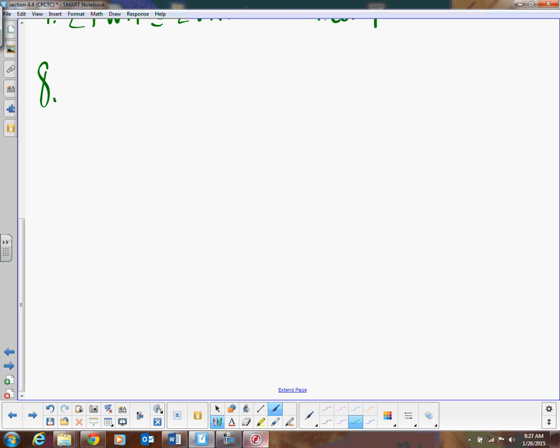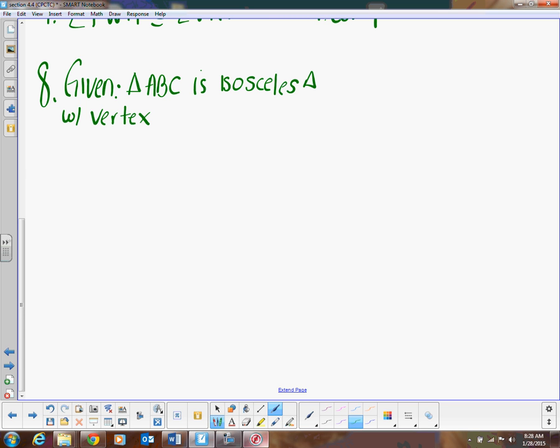So question 8 is telling us, I would say if there were any hard ones, this was the hardest one. Triangle ABC. Why do you have to what? Because you want credit for your homework. It's an isosceles triangle with vertex angle B. All right, that's important.